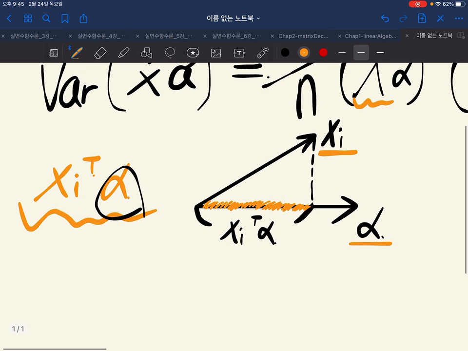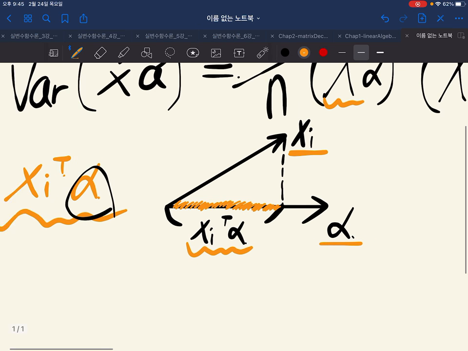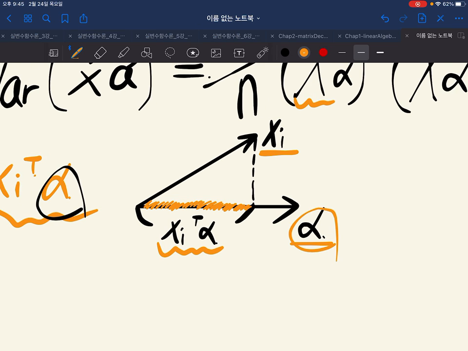So this xi transpose alpha can be understood as the coordinate of the projection of the original ith data point onto this alpha direction.